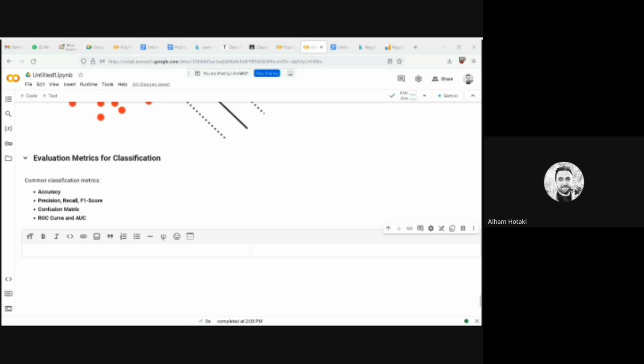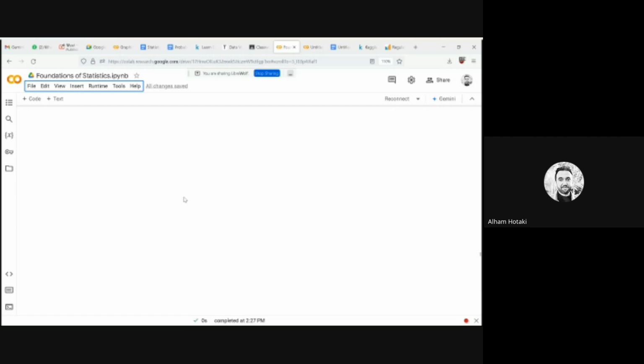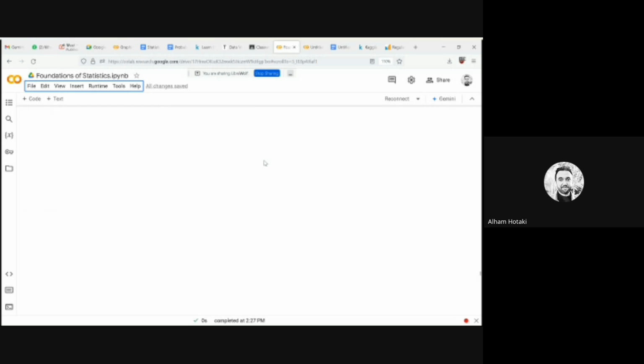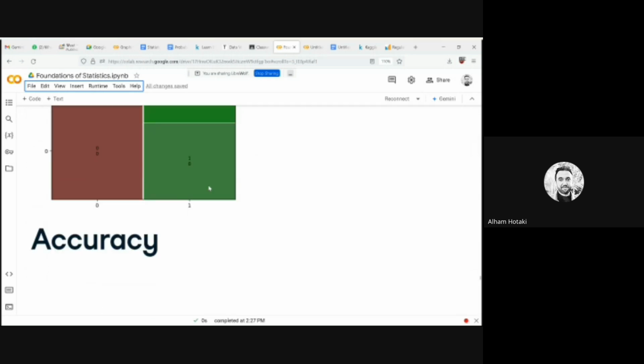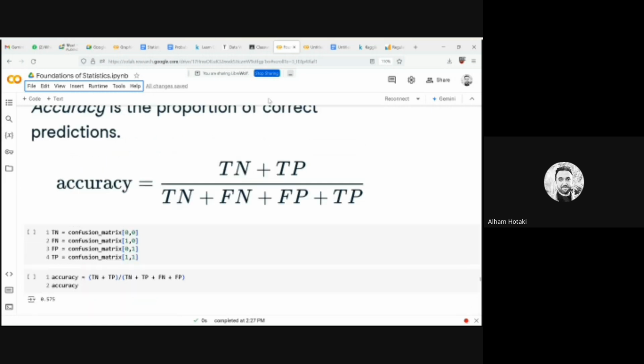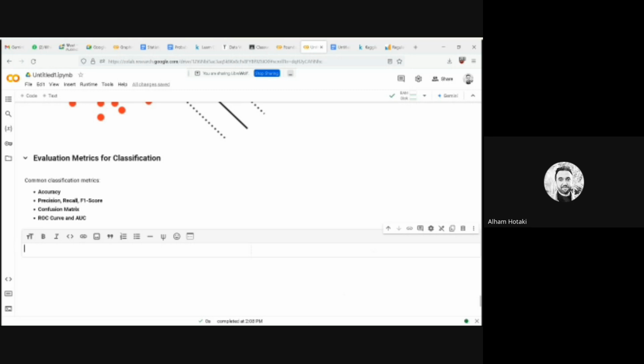We understand the accuracy of the model. This was the accuracy, the proportion of correct predictions: true positives plus true negatives divided by the sum of all these. That's the accuracy of the model that we developed previously.